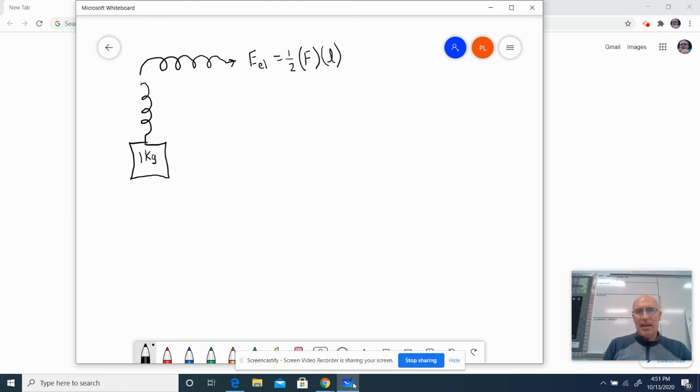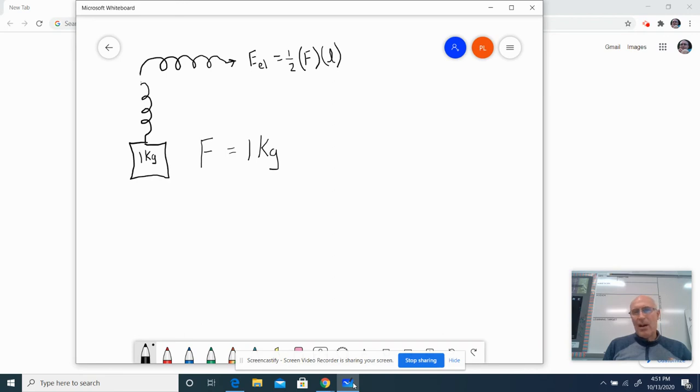And what's causing that downwards force? The downwards force is being caused by two things. It's being caused by the 1 kilogram mass, but it's also being caused by how hard gravity can pull.